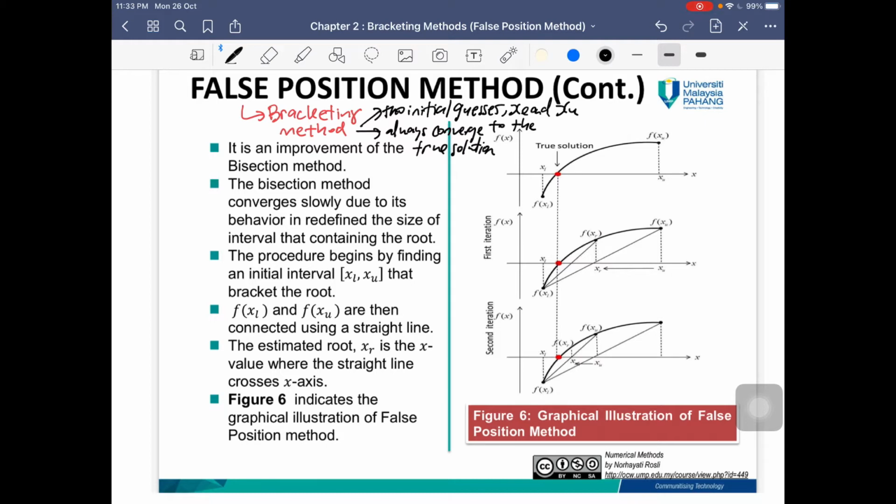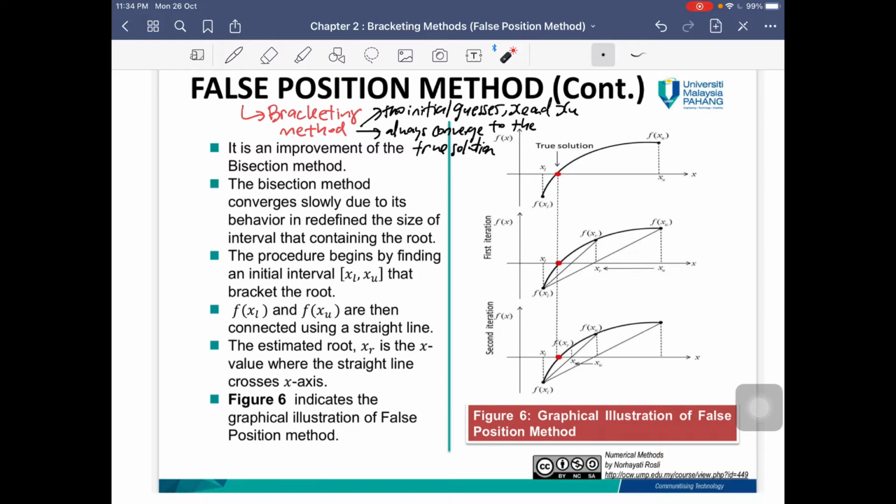FSL and FSU are then connected using a straight line. The estimated root SR is the x value where the straight line crosses the x-axis. Figure C indicates the graphical illustration of the false position method.